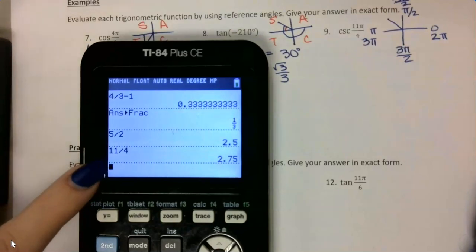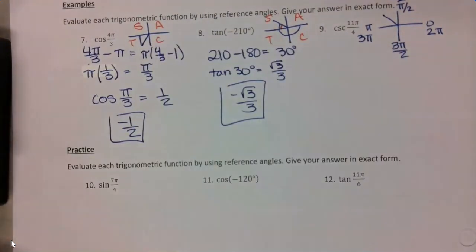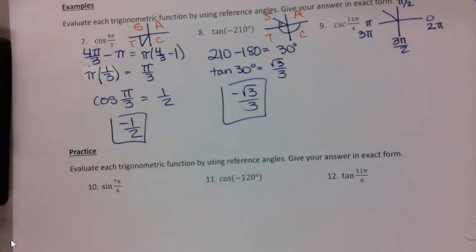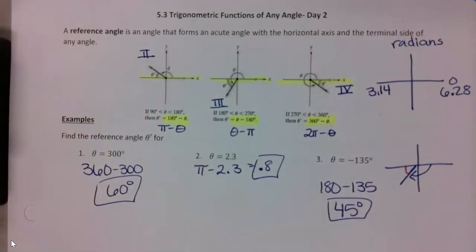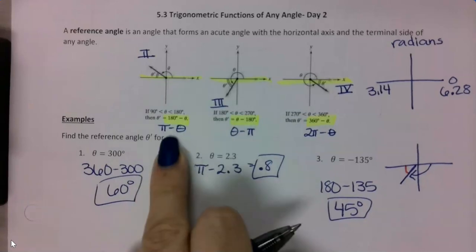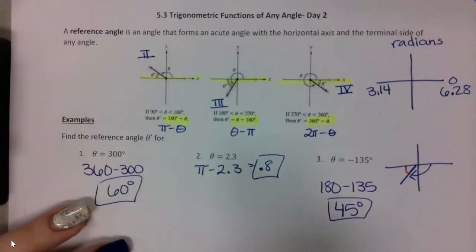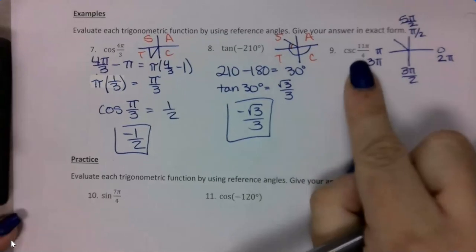What is my rule for finding the angle in the second quadrant? My rules from the beginning of the notes. I'm in the second quadrant, so I want to do pi minus that. So what is the problem with this angle?